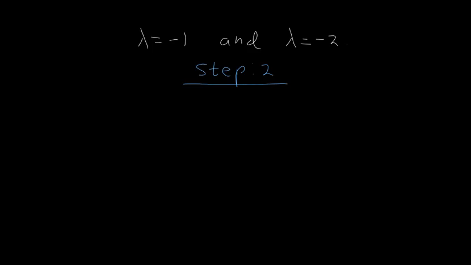We need to find eigenvectors for each eigenvalue. Since we have 2 eigenvalues, we need to find 2 eigenvectors. So find the eigenvectors for each given eigenvalue.